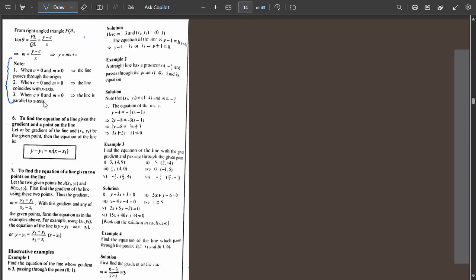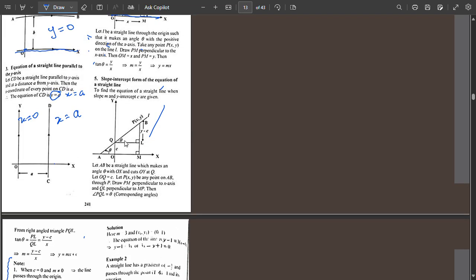Intercept is not 0, but m is 0: the line is parallel to the x-axis. If the intercept is 0, it means the line passes through the origin. If the intercept is not 0, it doesn't pass through the origin. But if the gradient is 0, you are a horizontal line, because your y values don't change.